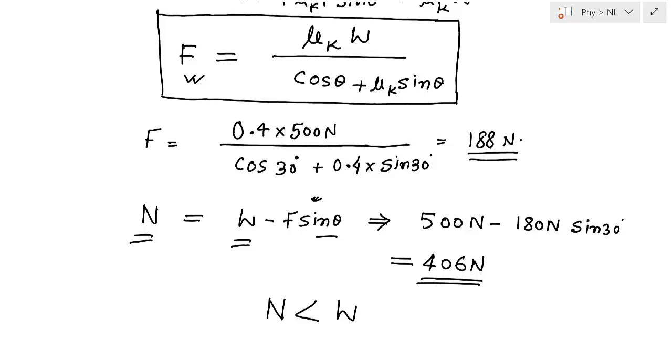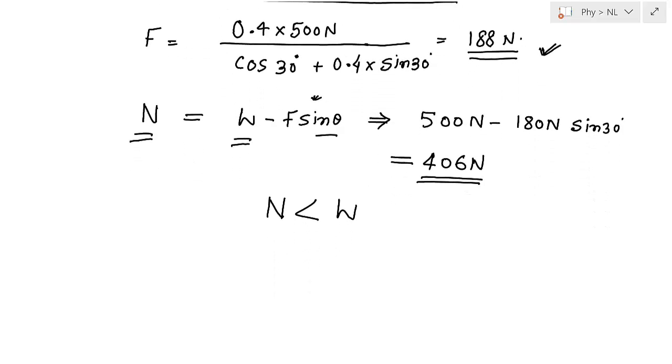If the normal reaction decreases, the friction force also decreases because the friction force equals mu k times N. So in other words, you have to apply a smaller force. In this case, you have to apply only 188 Newton.